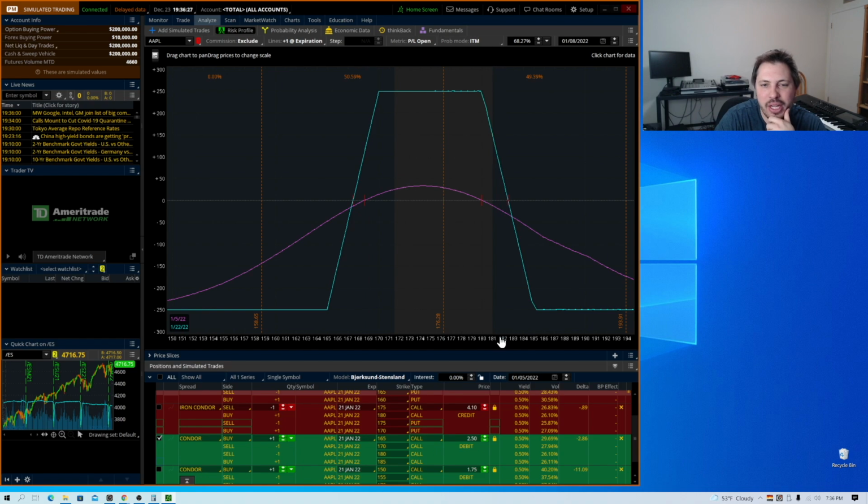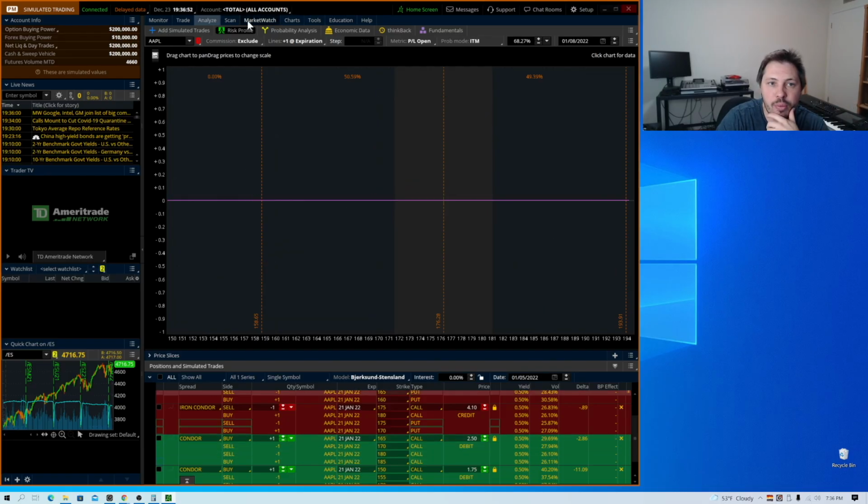And then we talked about the long call condor, which is a combination of the call credit spread with the call debit spread. It's really important to understand that the long put condor is the same as the long call condor, except it's done with puts.